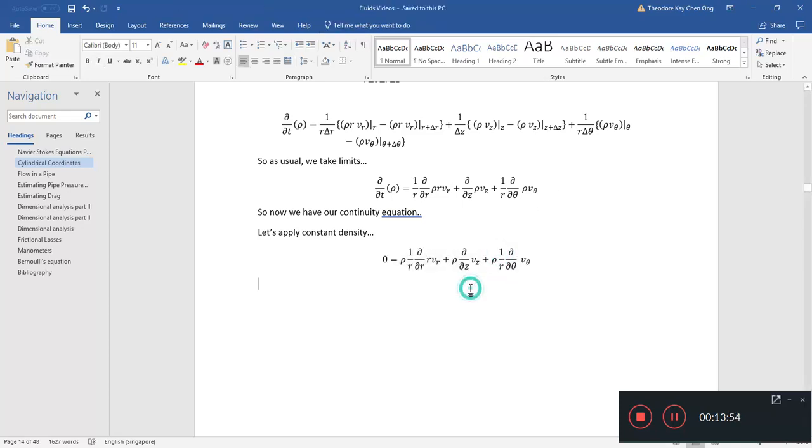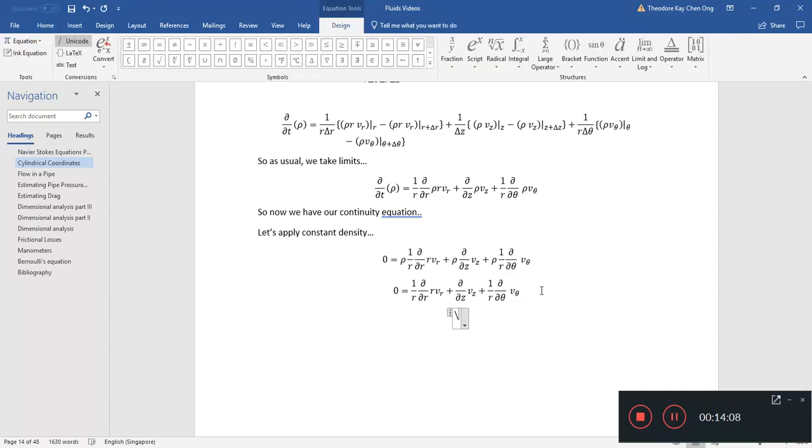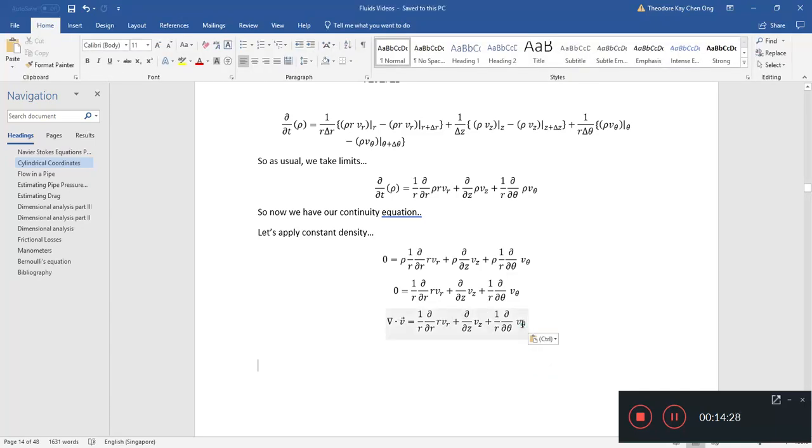Then we just divide throughout by rho. Now we know what our divergence operator looks like, because these v_r, v_theta, and v_z give just this. This is our continuity equation.